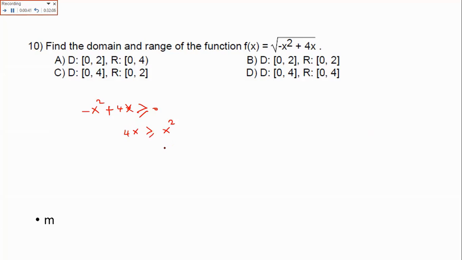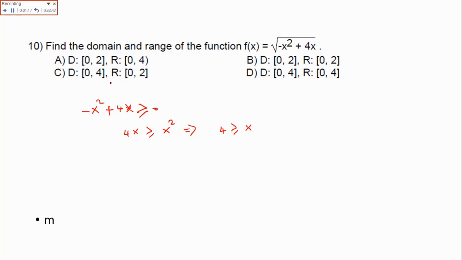That implies that 4 is greater than or equal to x. If 4 is greater than or equal to x, that means the highest value is 4 and 4 is included.